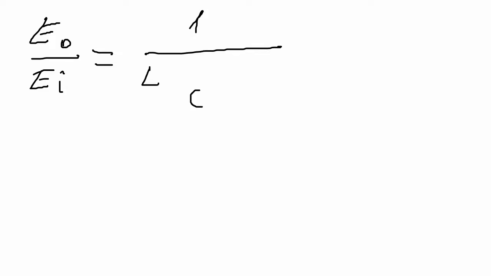EO over EI was equal to 1 over LC S square plus RC S plus 1.